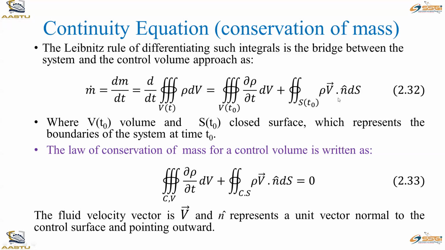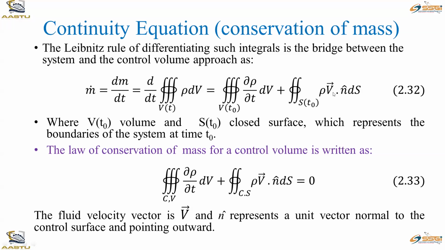This is the surface on which velocity is pointing perpendicular to the surface of the given volume element. So these representations, the mass flow representation, are equal to 0. According to the law of conservation of mass, m dot or dm/dt is equal to 0. So this quantity is equal to 0.